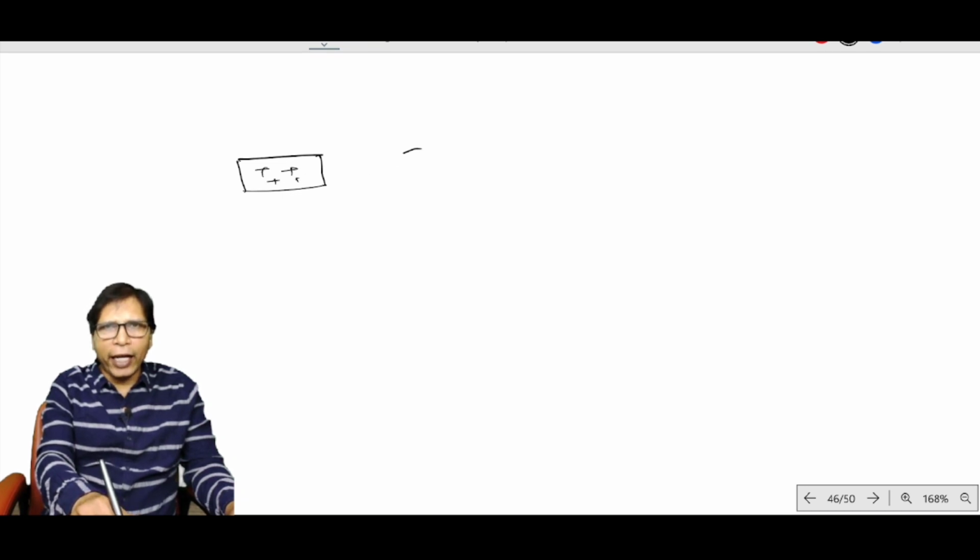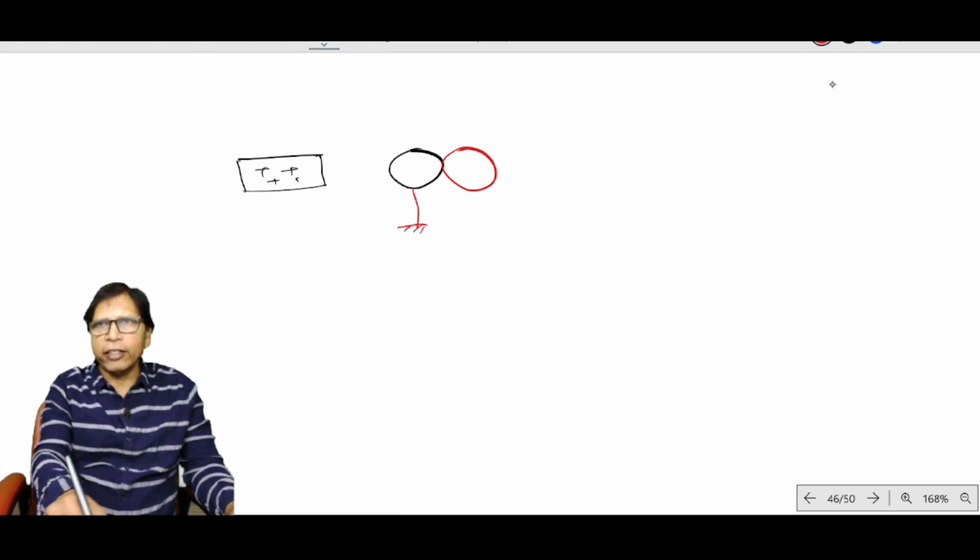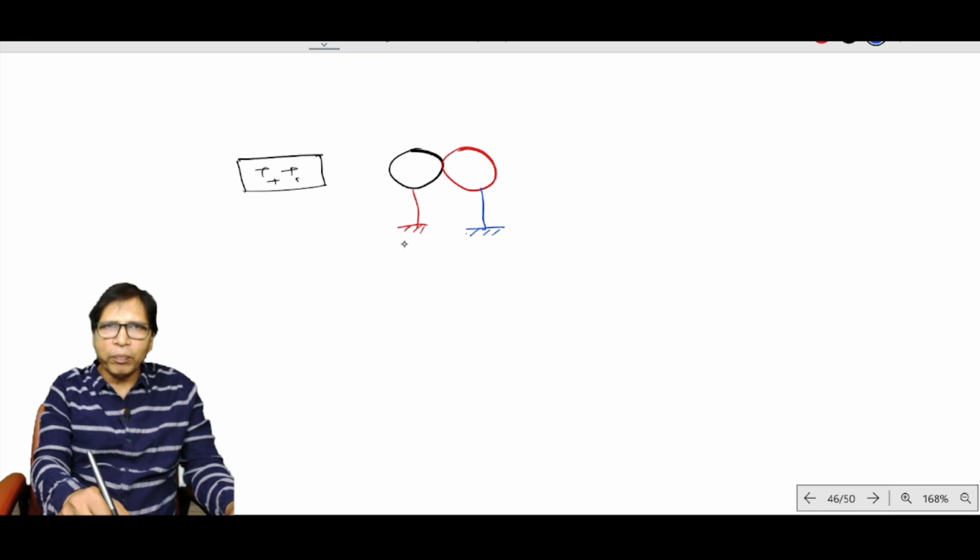Now, this is an uncharged body, and this is another uncharged body. They are in contact. This is an insulating handle, and this is also an insulating handle. Due to induction, this body gets negative charge, and this body gets positive charge.